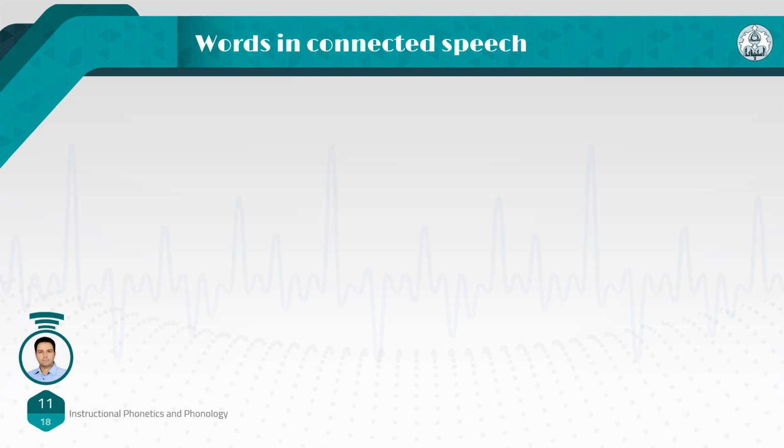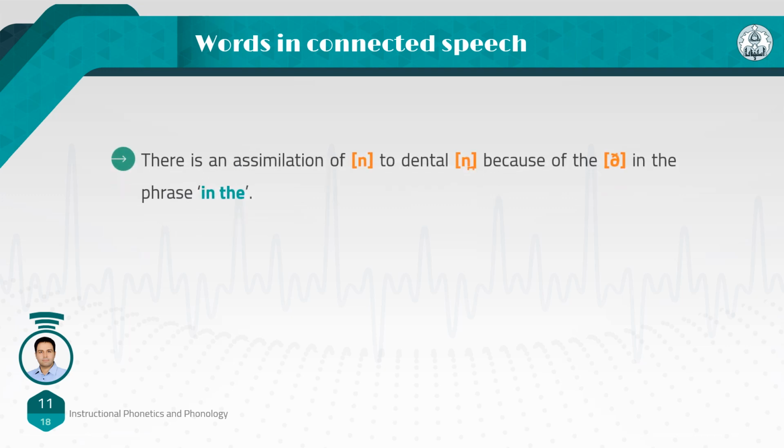In fact, similar effects commonly occur across word boundaries, so that in phrases such as in the, or for example on the, n is realized as a dental n because of the following the. So when we pronounce it, it would be something like this: in the, or on the. Here, this n is realized as a dental n.